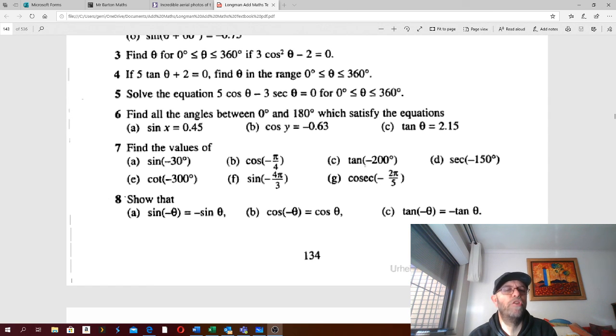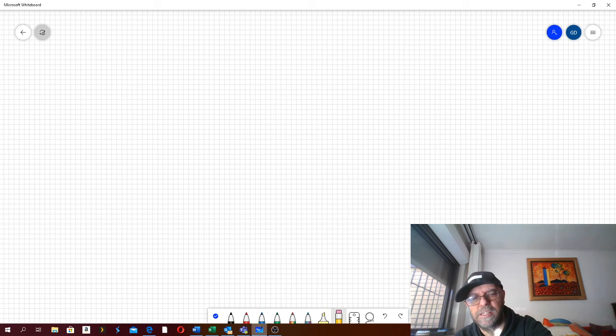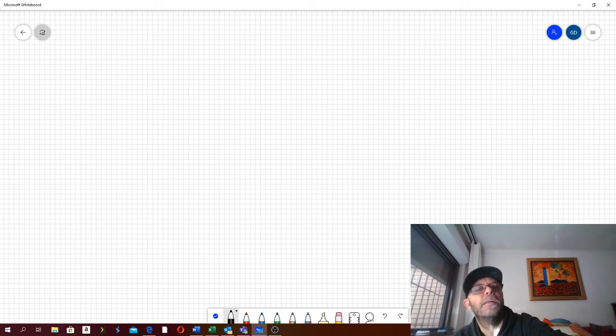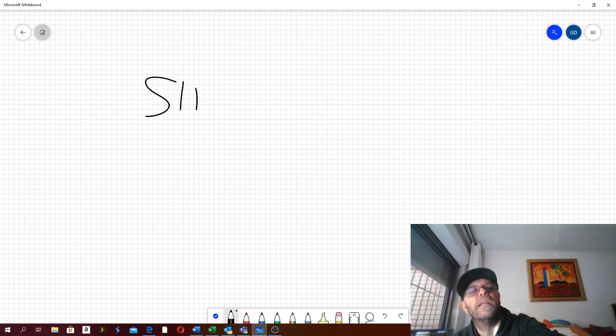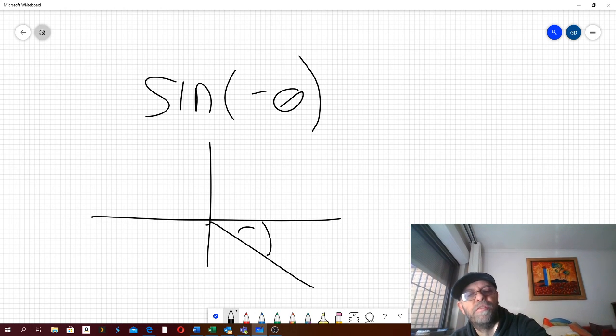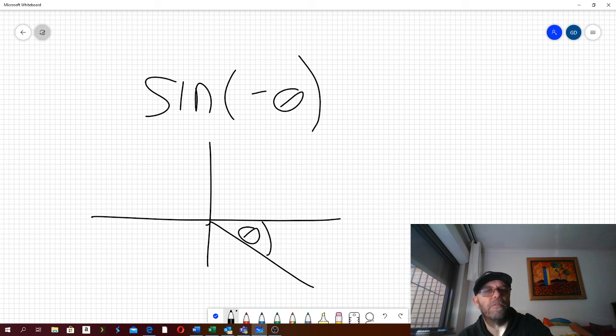Number 8 says show that sine of minus theta is minus sine theta. Showing things can be quite tricky sometimes, so let me show you quickly. Sine of minus theta means we go to quadrant 4, theta degrees down.